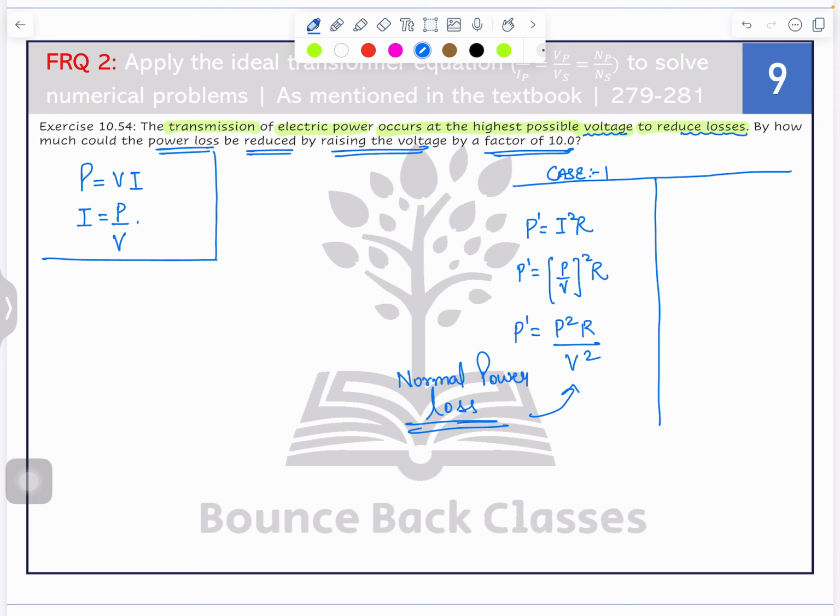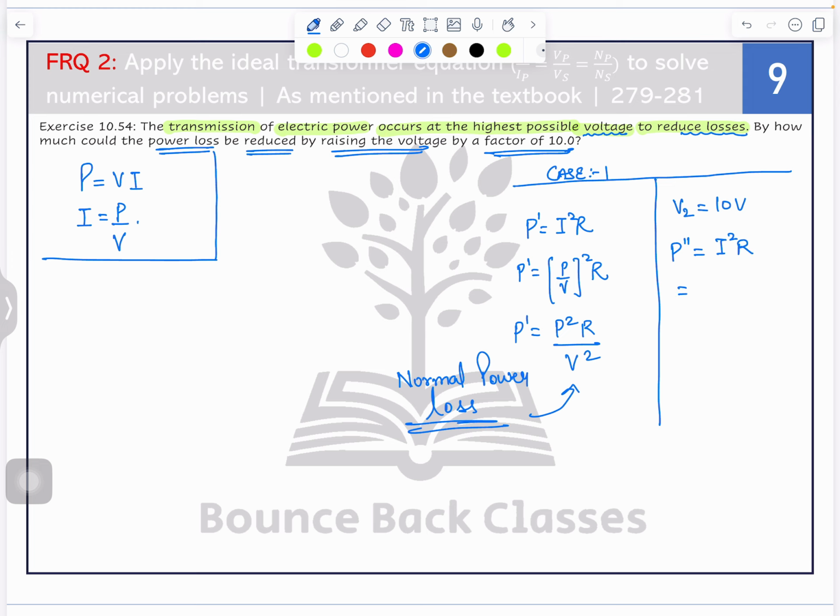Now what he said, power loss be reduced by raising the voltage by a factor of 10. Let's say this is your V1. So now your V2 is equals to 10 times of V. Can I say this thing? And other things, there is no change. So power double dash, what we are looking for. Can I say I square R?